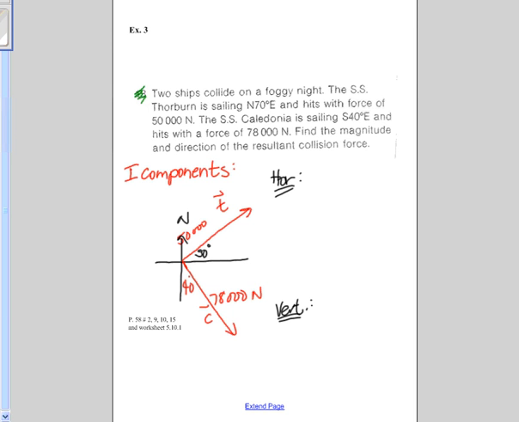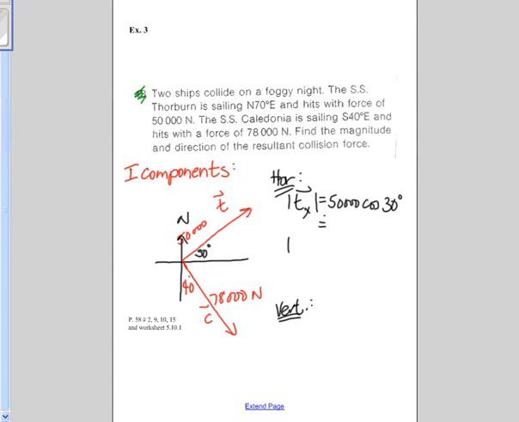Horizontal for vector t is its magnitude, cos, the angle between it and the horizontal, which is 30 degrees.